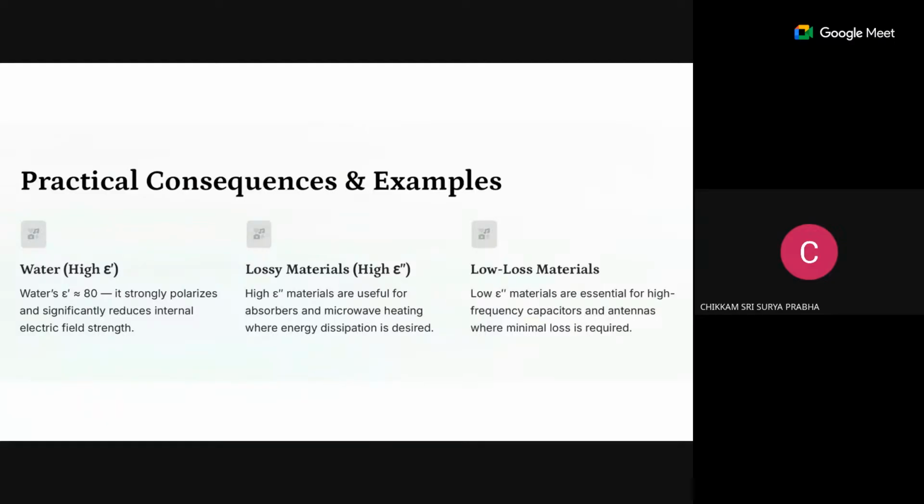And as I said in the previous slide, if a material has a higher epsilon double dash, there will be more losses, so more energy will be lost. We can use this in absorbers or microwave heating. Similarly, if a material has a lower epsilon double dash, there will be fewer losses, so we can use this in high frequency capacitors, antennas and some other applications.